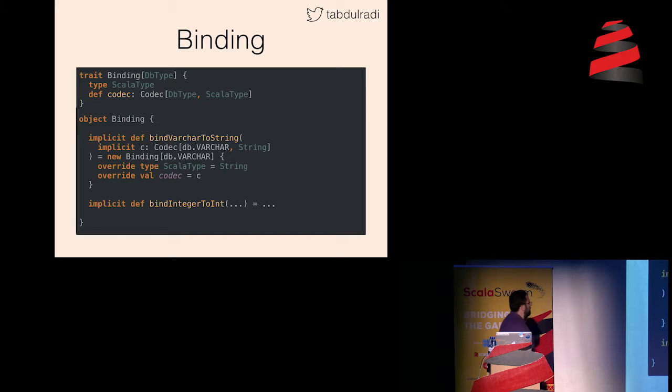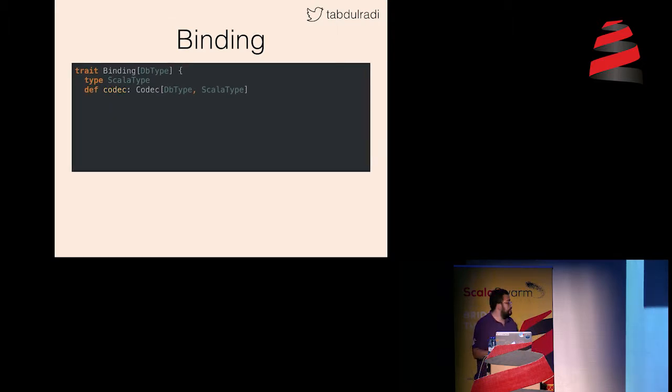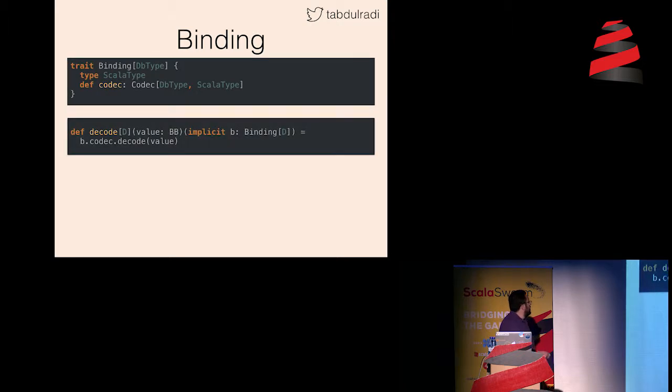So I'm telling the compiler, if you can give me a codec from varchar to string, then yeah, we have a binding from varchar to the Scala type string. Okay? Another instance also binds integers to int, and to use that, we're going to redefine decode to accept an instance of binding. Let's use that.